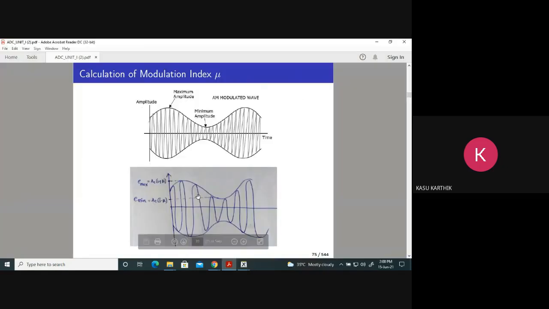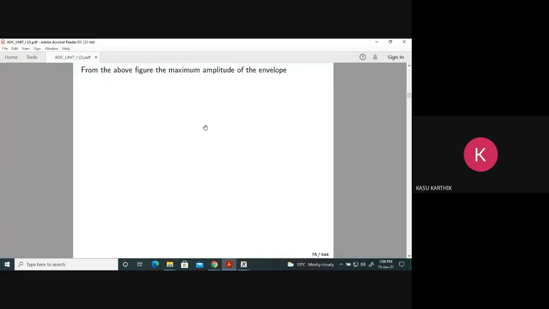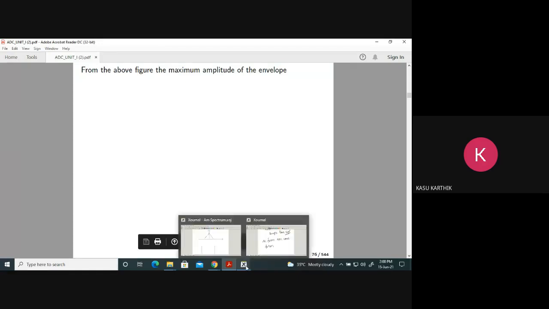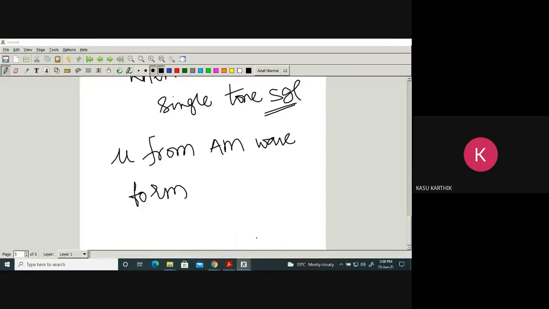Let us look at this. Here I have shown the waveform of the AM. This is the maximum amplitude and this is the minimum amplitude. Now, what is the maximum amplitude of AM for a single tone signal?